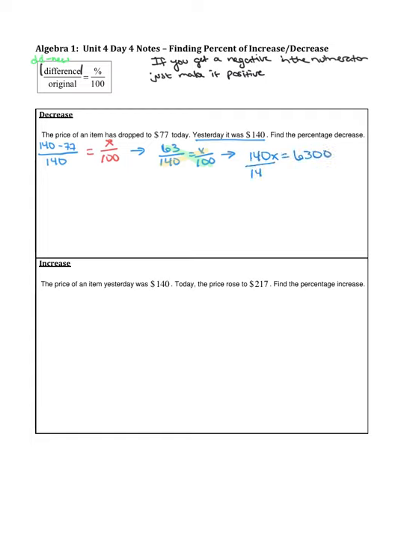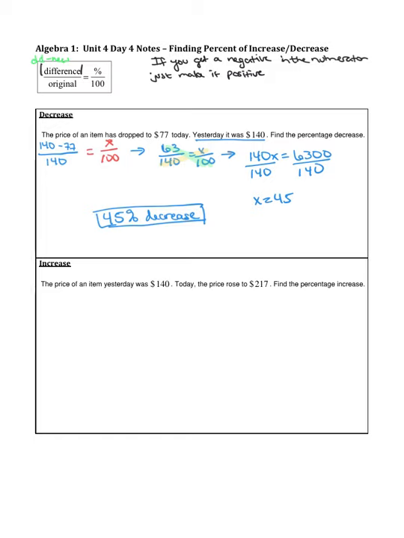Divide both sides by 140. Sometimes my fingers just do not use my calculator right. And I get x equals 45. It is a 45% decrease. Okay?